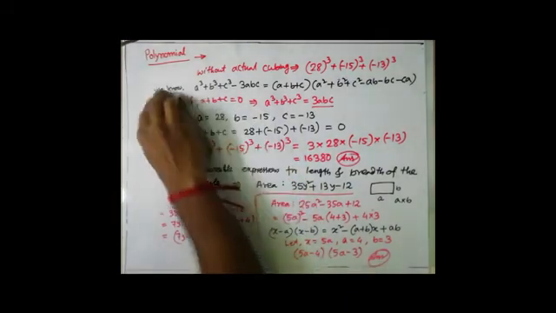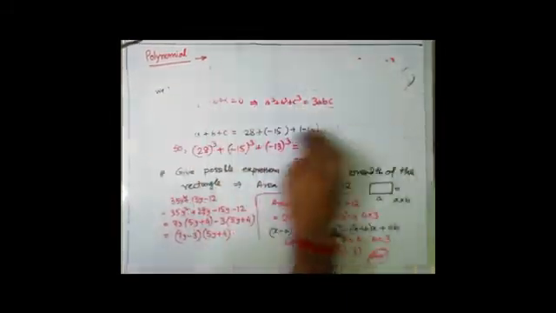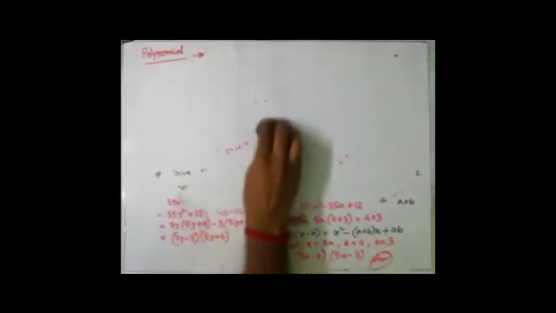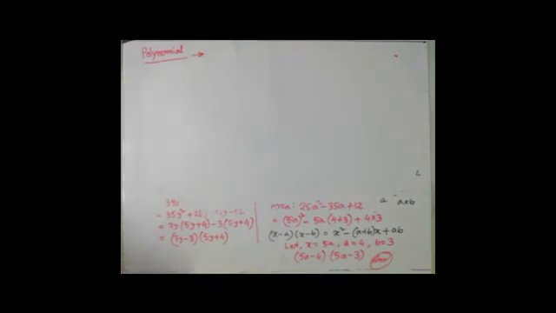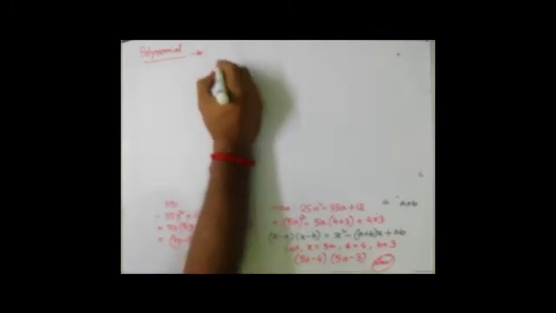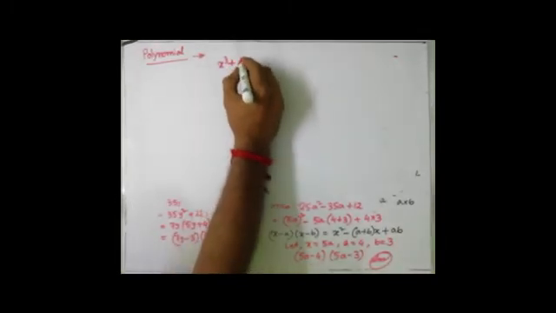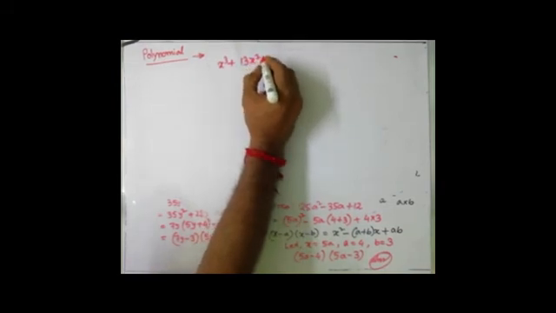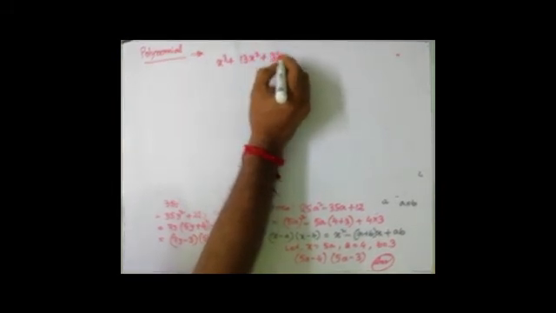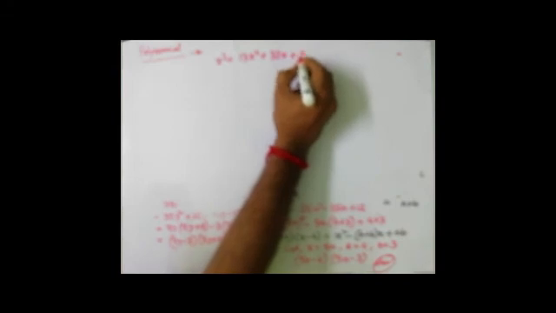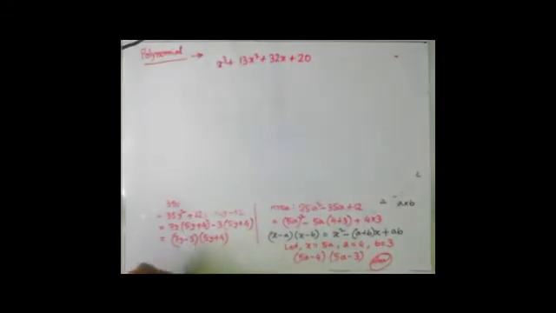I am ending this polynomial topic with this particular problem, which looks like this: x cube plus 13x square plus 32x plus 20. Now you have to solve it. Okay, so it can be solved in this way.